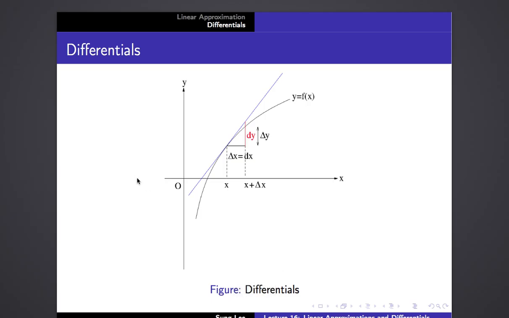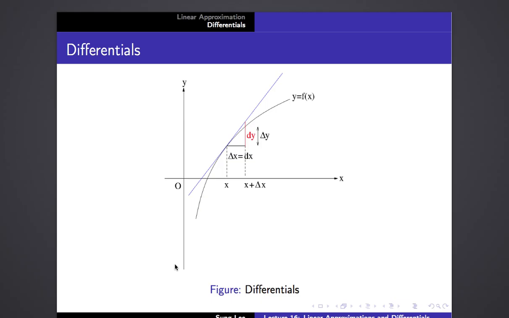Okay, so we are moving on to the next technique to approximate certain quantities, right? This time instead of a linear approximation, we use something called differentials. Let us take a look at the following example.